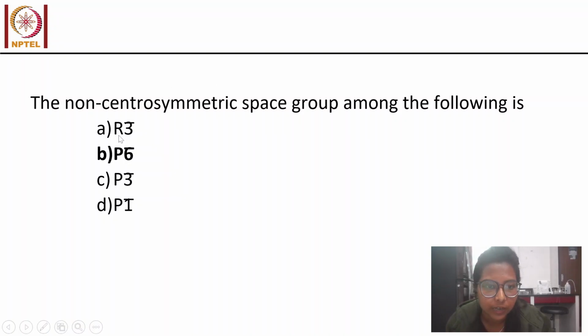So first we have this space group R3 bar. Okay, so R3 bar is what? This is a trigonal crystal system because the main axis is the threefold. So to convert, this is 3 bar.